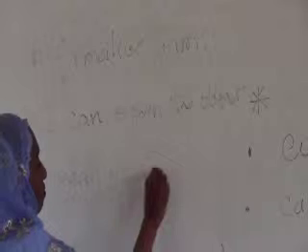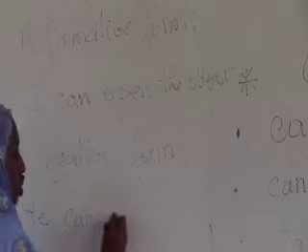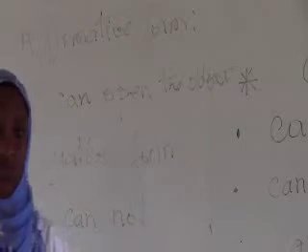Okay? We have the negative form of can. What is the negative form of can? Negative form of can is, for example, I'm going to say, he cannot. He cannot write his name.